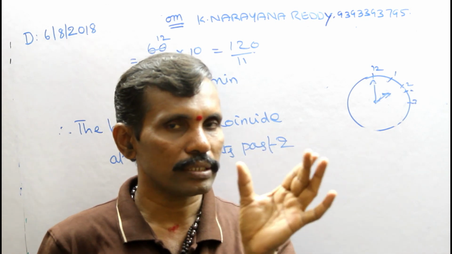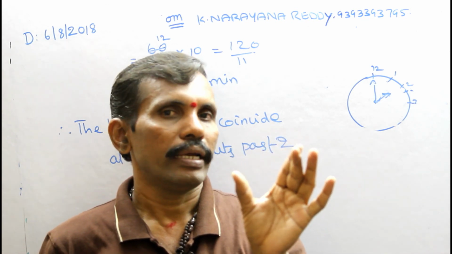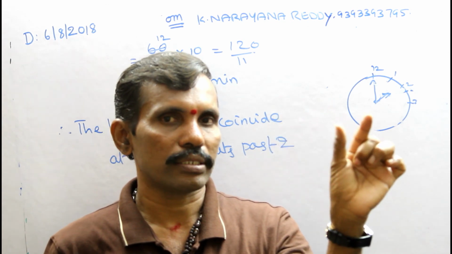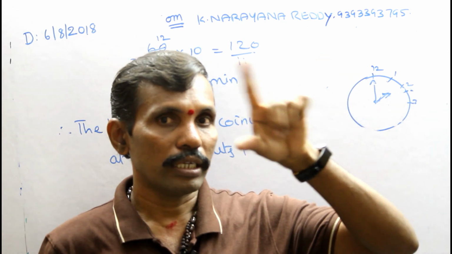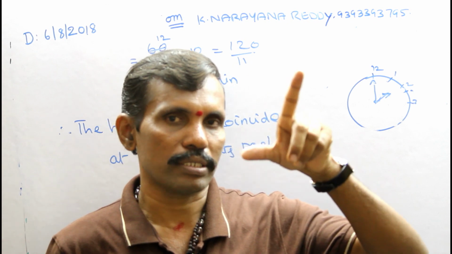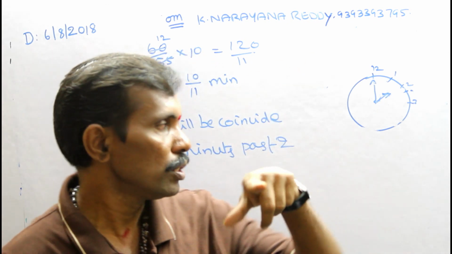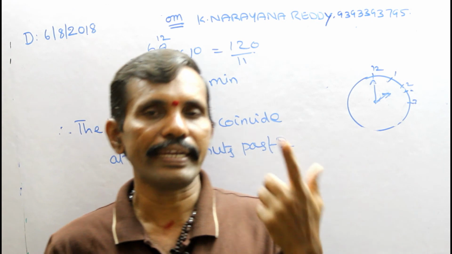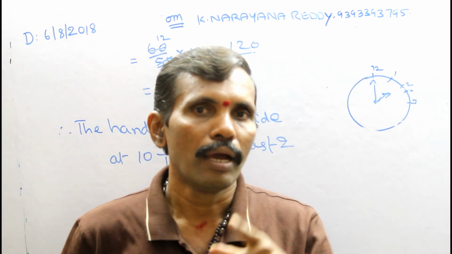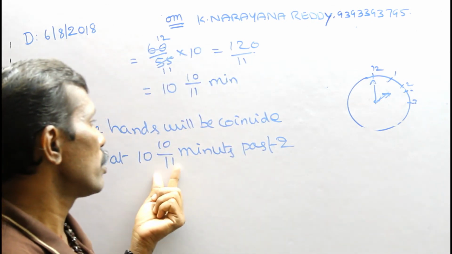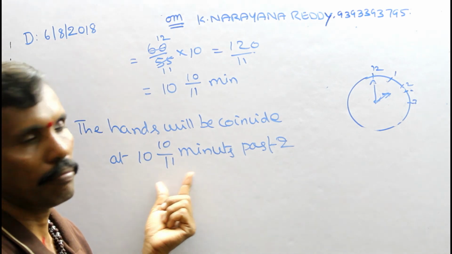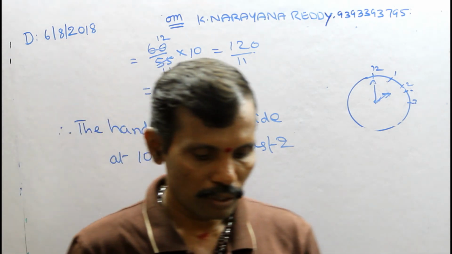Each one is 5 spaces, totally 60 spaces, 12 into 5 is 60 parts. Each part is 6 degrees. So to gain 10 spaces over the hour hand, the minute hand must cover 10 by 11 minutes past 2. That is the answer. Okay, dear friends.